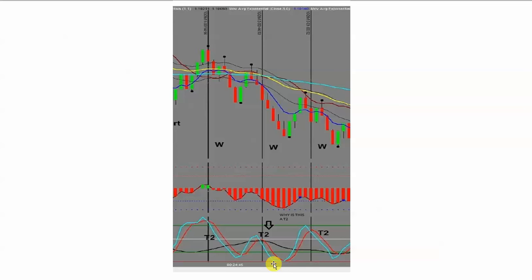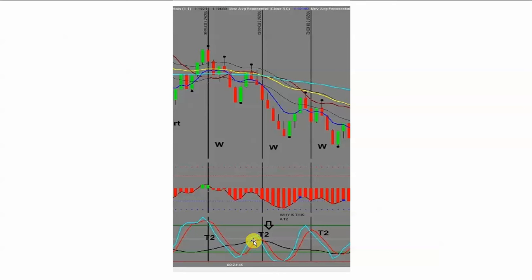Now for me to qualify a T2, what I'd like to see is the stochastic come up above the 50% level. Now here this is the sort of pristine setup, when it goes right up into the old overbought area. This basically touches the overbought.